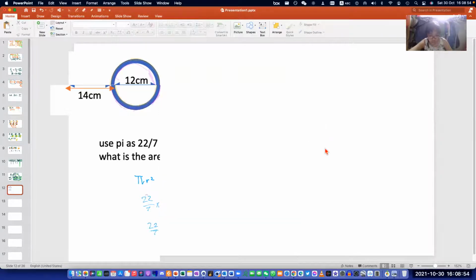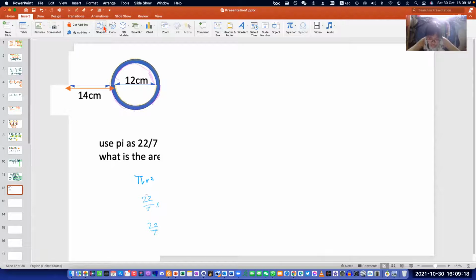Right? So if this is gone, how do you find this shaded area? What's the strategy? We talked about it last time. Let's say you have this.